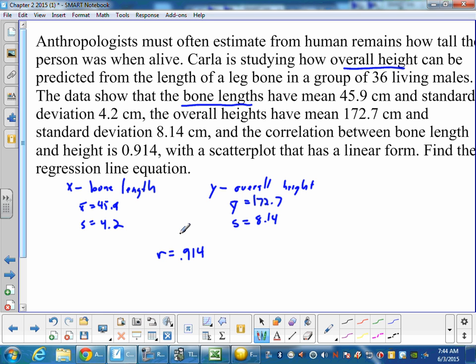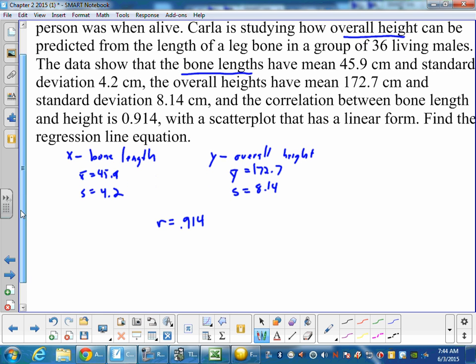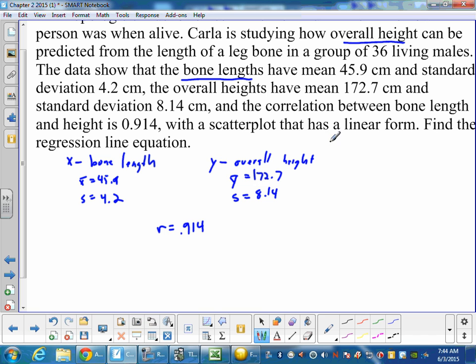Now what we can do here is use our equation. The slope is equal to r times standard deviation of y over standard deviation of x. So we can plug in our information: 0.914 times standard deviation of y, 8.14, over 4.2, and that's going to give us our b value.